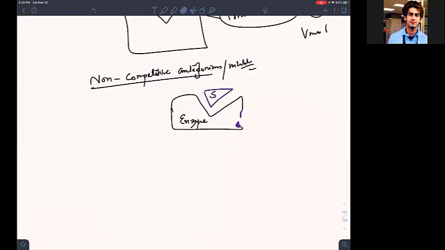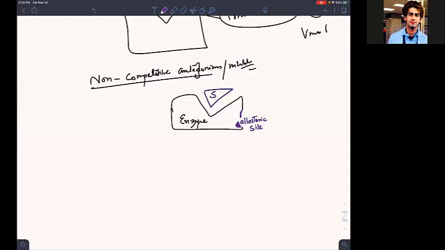Can someone tell me what this site is known as? Allosteric site. This is the allosteric site. First tell me, is there any competition between substrate and drug in non-competitive inhibition?